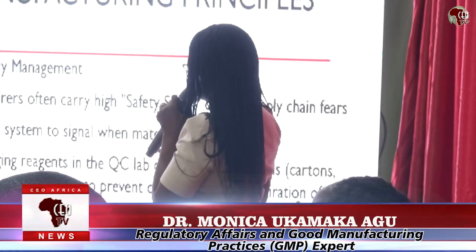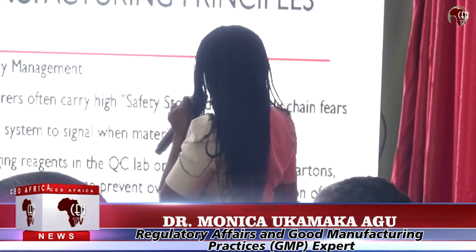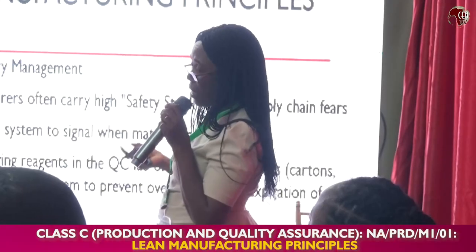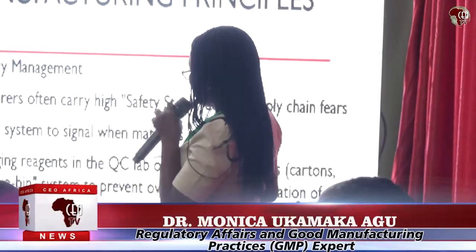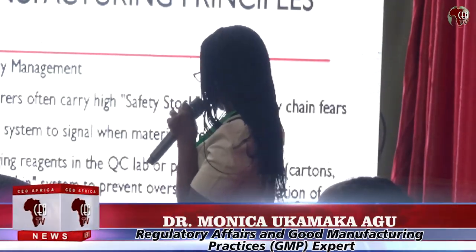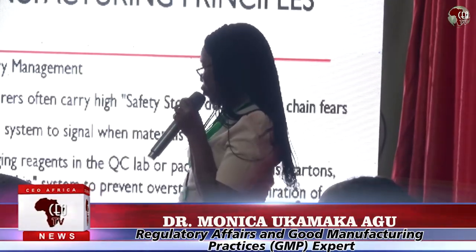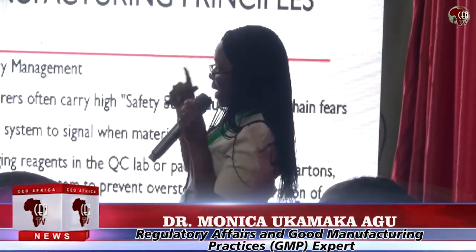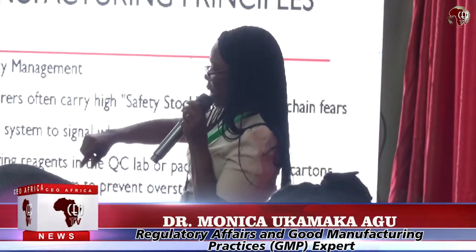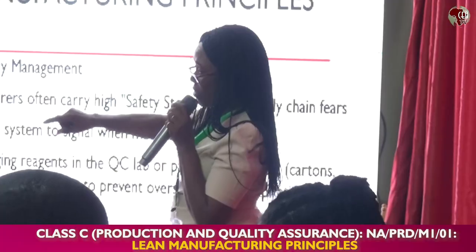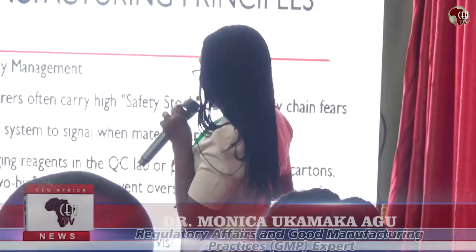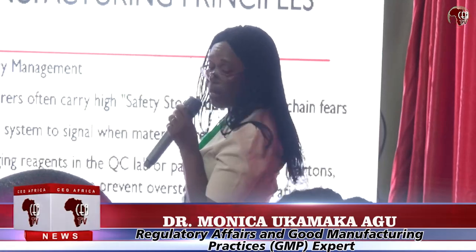That one is called the 2-bin system. It will prevent overstocking and expiration of components and reagents. The 2-bin system in lean manufacturing is a visual inventory management method that uses 2 containers for each item. So one item will have 2 containers. By the time you exhaust what is in one container, it's time for you to reorder and replenish the stock.